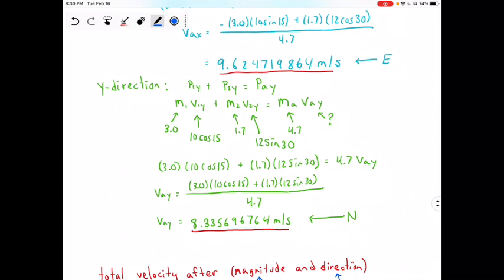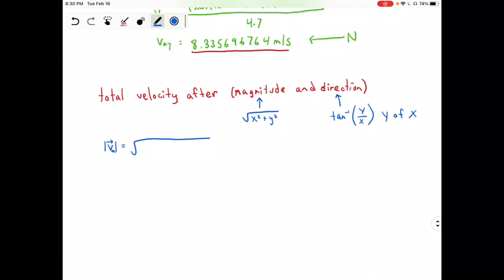But you would take your VAX and your VAY, square them and add them together. So VAX squared plus VAY squared. And I don't mind if on this step you don't write all the decimal places either. I know it's a lot of writing. Just writing the formula is fine as long as you have the right answer in the end.